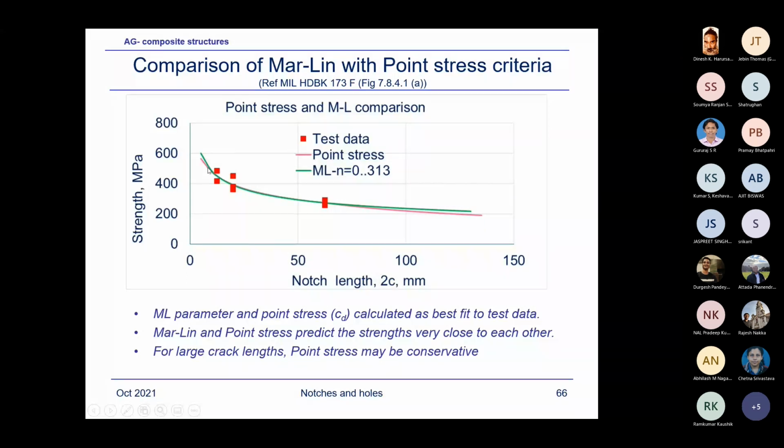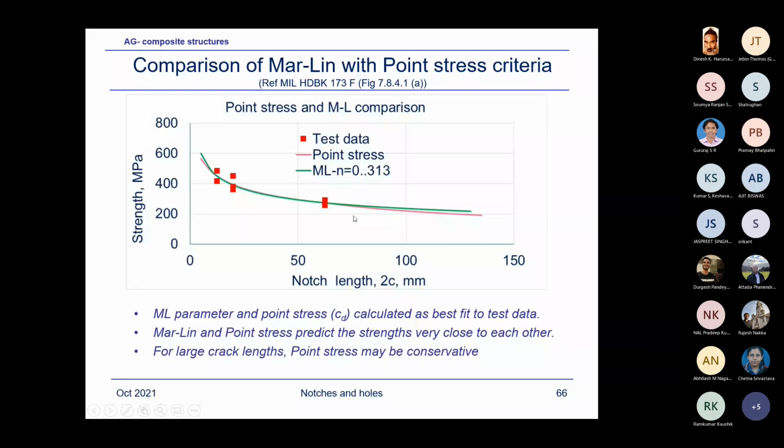Here also, basically, sorry, Mar-Lin is providing a higher value and point distance criteria is providing a lower value. So the trend is different. Anyway, this is only how these parameters get adjusted, the difference.